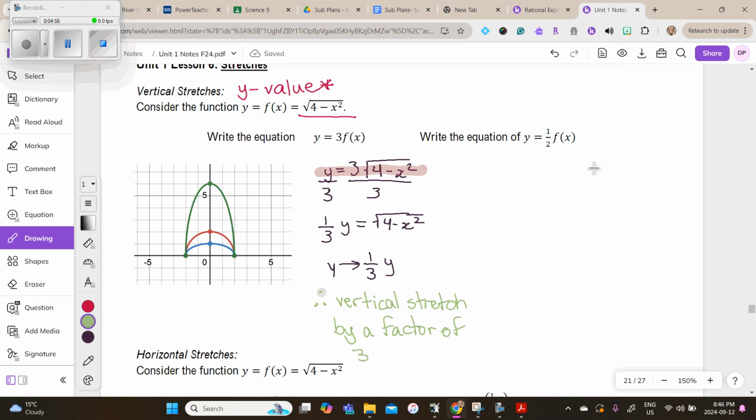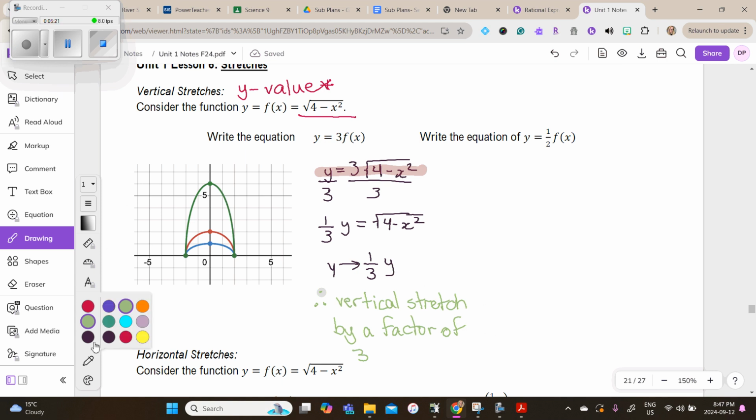We have taken the original red graph and stretched it vertically by a factor of 3. So notice how that plays into our mapping, our replacement notation. 1 over 3 y gave us a vertical stretch of 3. So it's the reciprocal of that number.